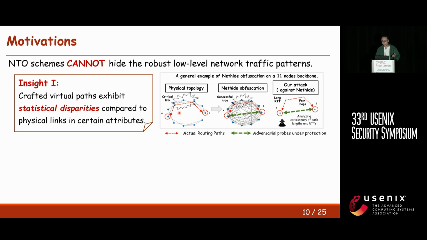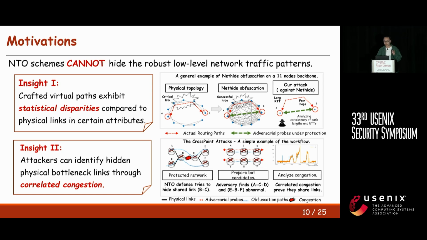If an attacker finds a potential path with a long delay but only a few visible hops, they might deduce that some nodes and links are being hidden, so there might be some secrets defenders don't want you to know. Additionally, by analyzing the RTT, round-trip time, correlation, we could analyze the congestion of the internet. Attackers can infer that 2 similar parallel paths might share the same bottleneck. So by combining these techniques, the attackers can effectively evade the NTO schemes.